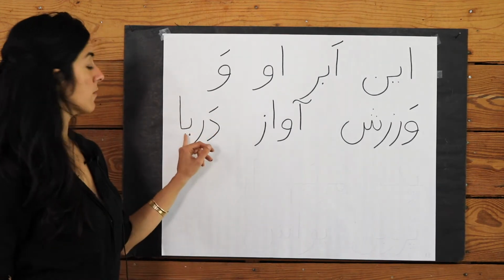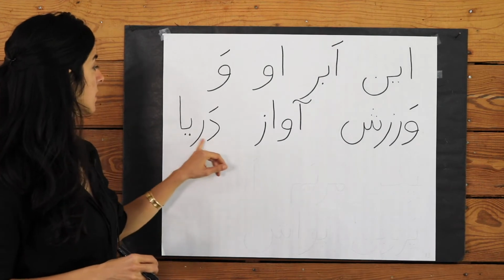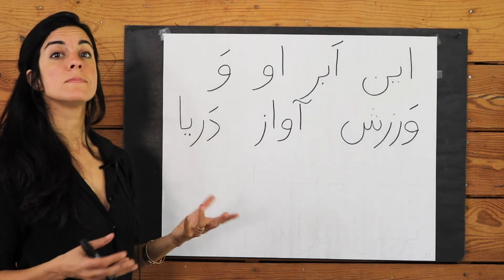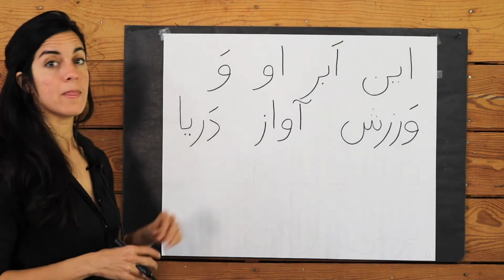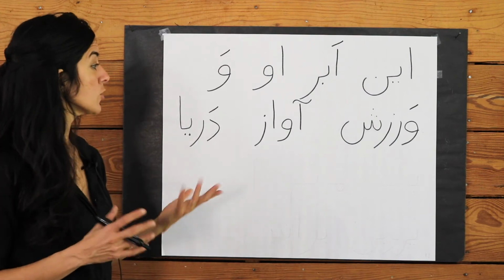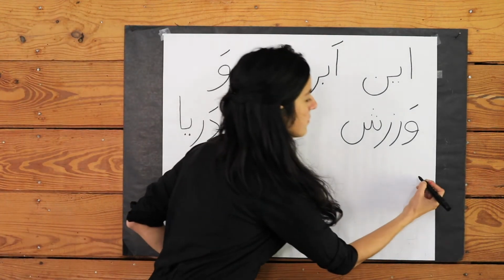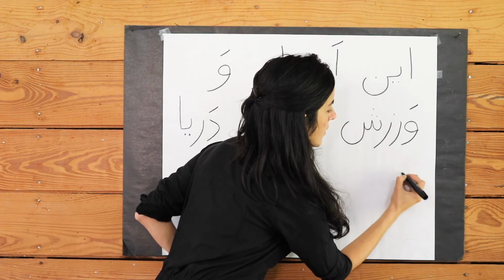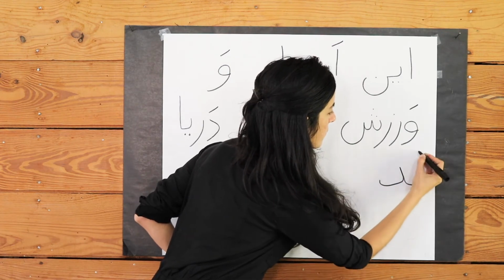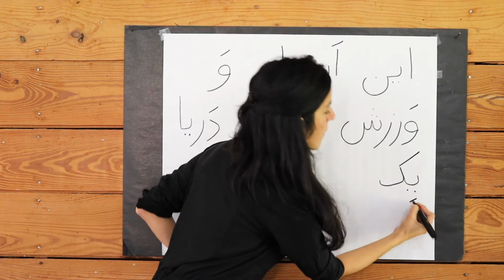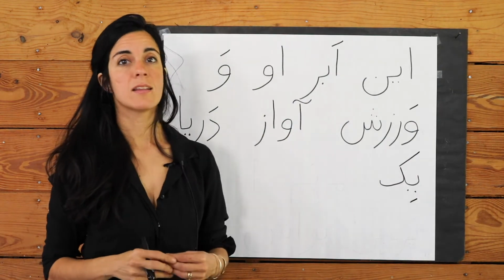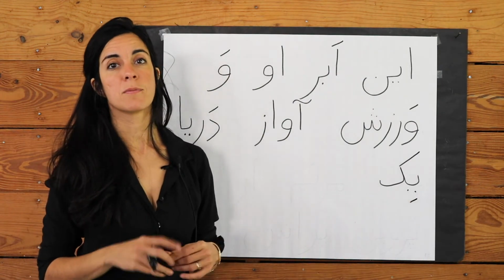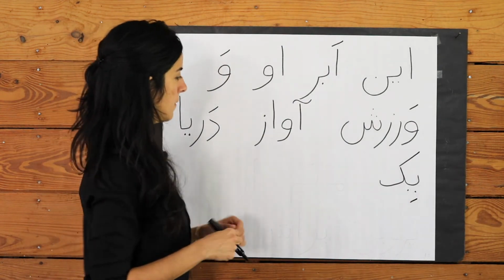So now we have our ye sound. This is darya. Darya, and that means ocean. Our ye sound with an accent, yek, meaning one.